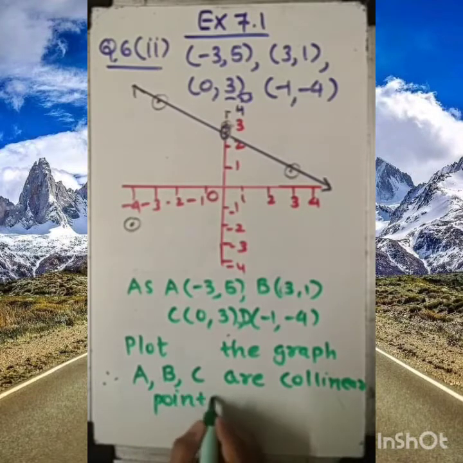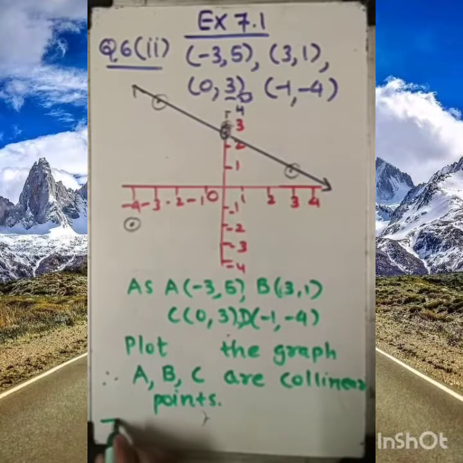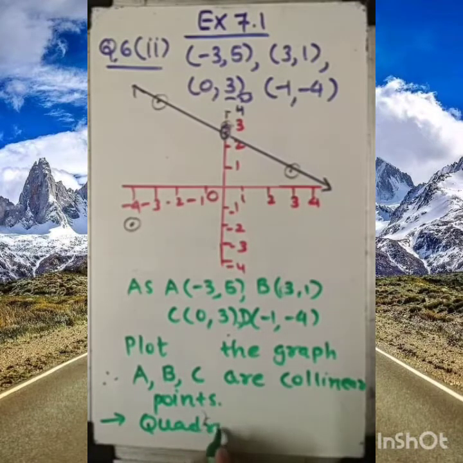If they are collinear, then there isn't any possibility to be a quadrilateral. So we need to write, quadrilateral is not formed. Clear to you? This is an easy technique I taught you.